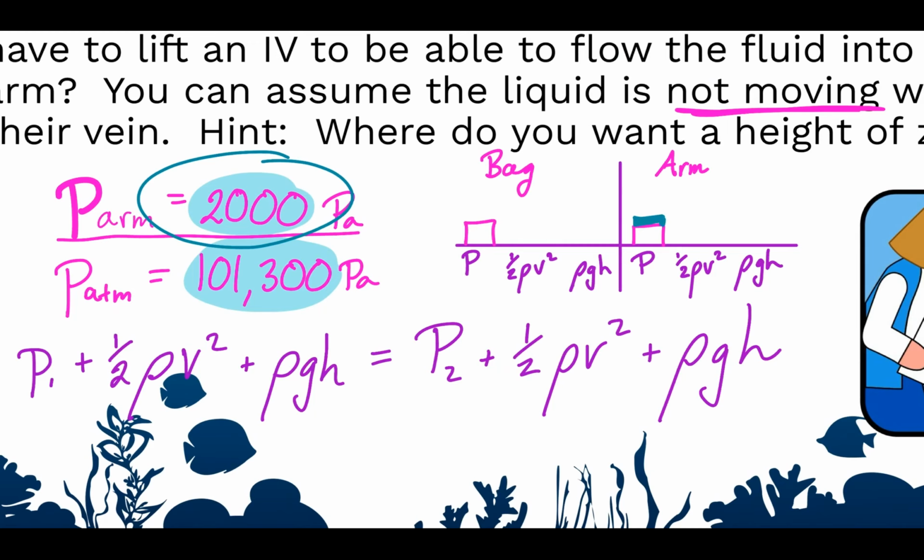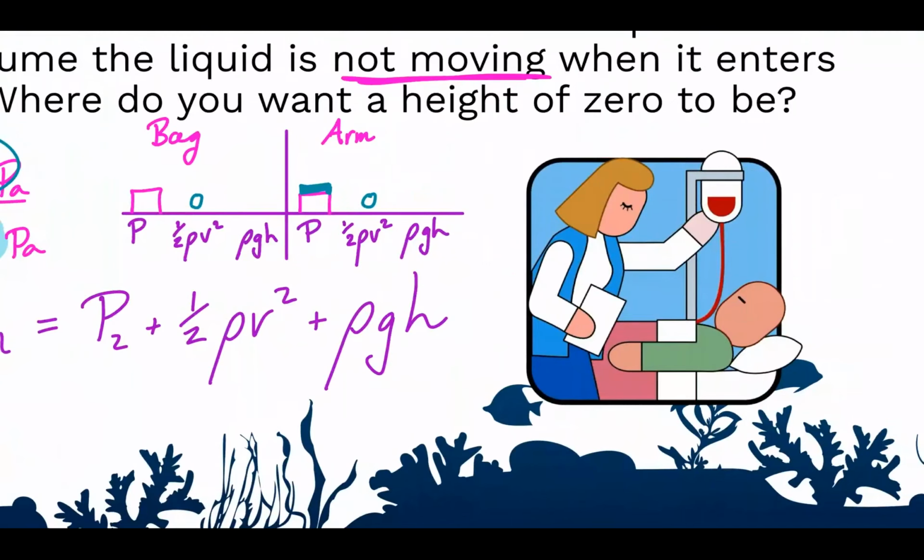And then both of them we're going to assume are not moving, because any higher than that, it will move. And then we just need to pick a height of 0. Well, the convenient height of 0 is going to be here at your arm. And then whatever this height is going to be the answer.